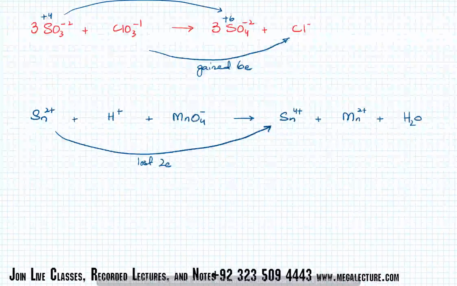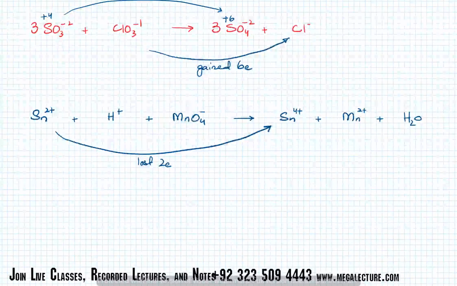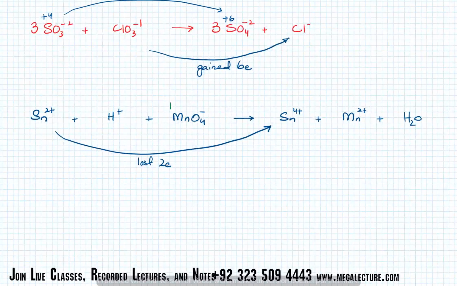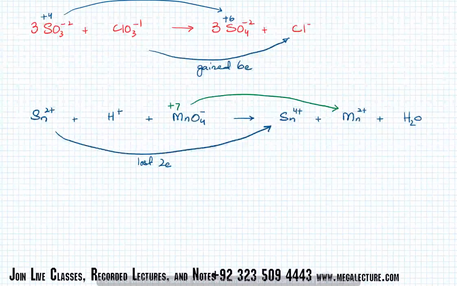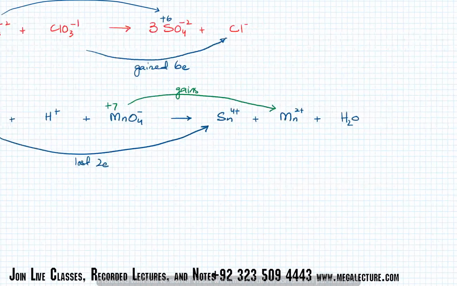And what happened to Mn? It was reduced from 7+ to 2+. So it gains 5 electrons, right?